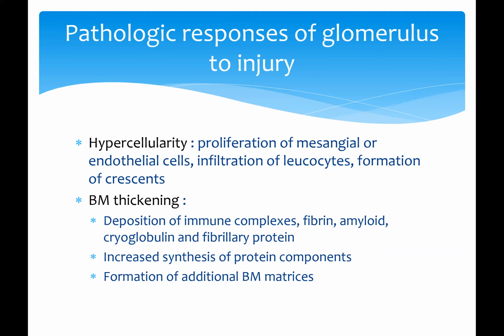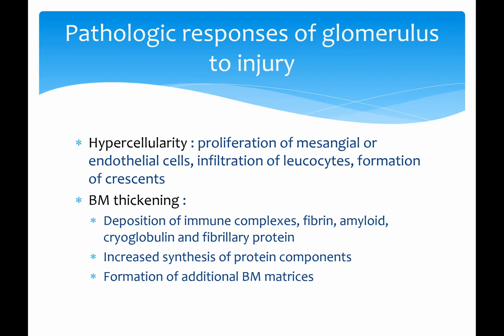How would you know that it is thickened, or why is it becoming thick? I have mentioned a while ago that most glomerular diseases result from deposition of immune complexes. These immune complexes appear as amorphous electron-dense material that is very easily seen utilizing electron microscopy.